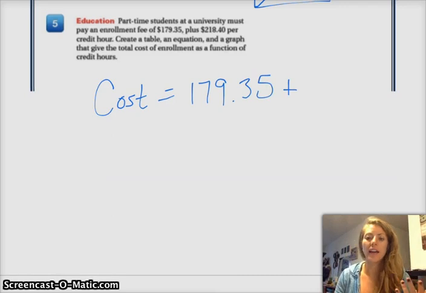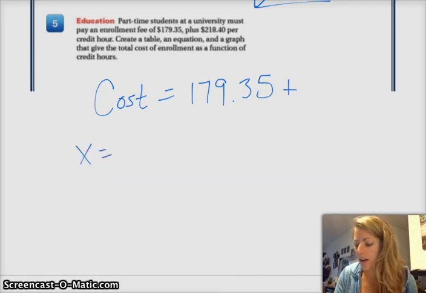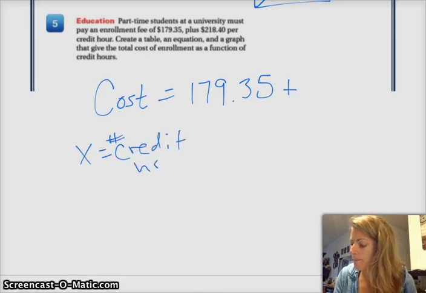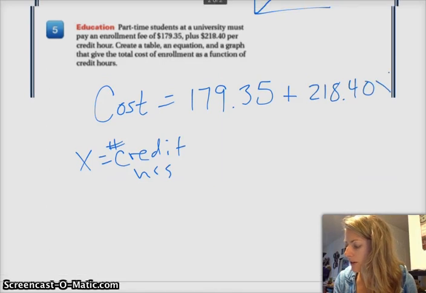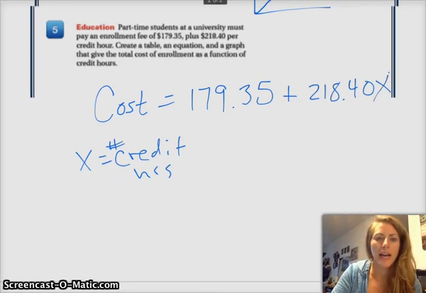And so if I have X be my number of credit hours, then I can say, okay, my total cost is going to be $179.35 plus $218.40 times the number of credit hours that I sign up for, so times X.